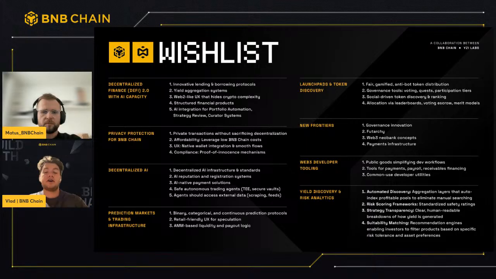It's just automated discovery of yield opportunities. The current user problem is that when a user comes onto BNB Chain and wants to farm some yield, or just understand how lending protocols work, he is wondering what to start with. And the user doesn't understand what kind of APY he's going to get.